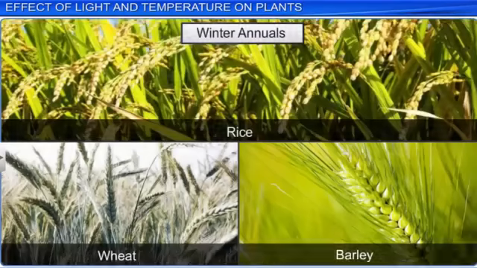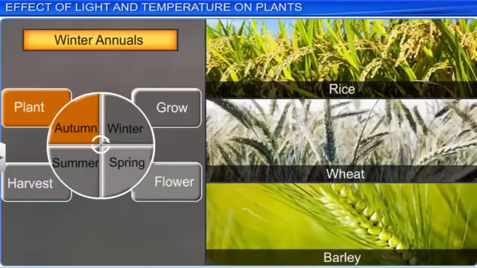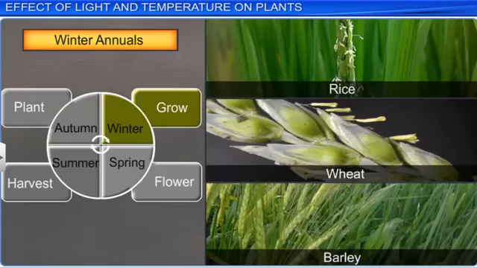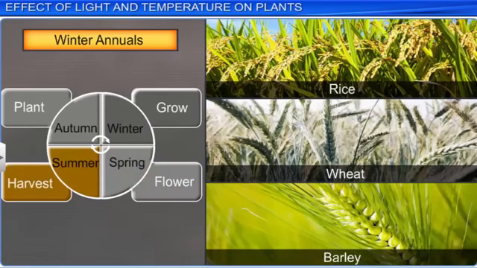Winter annuals such as rice, wheat and barley are planted during autumn. Their vegetative growth starts in winter when they undergo vernalization, which induces them to flower during spring. Finally, they are harvested in summer.